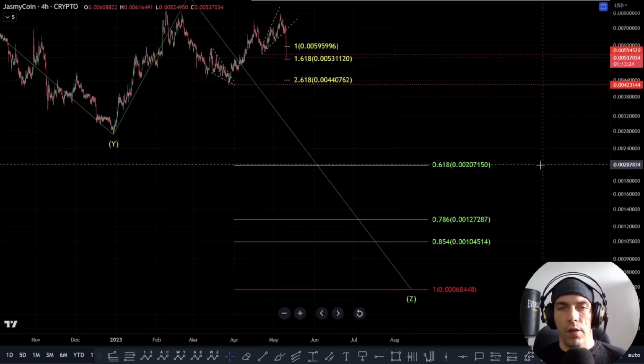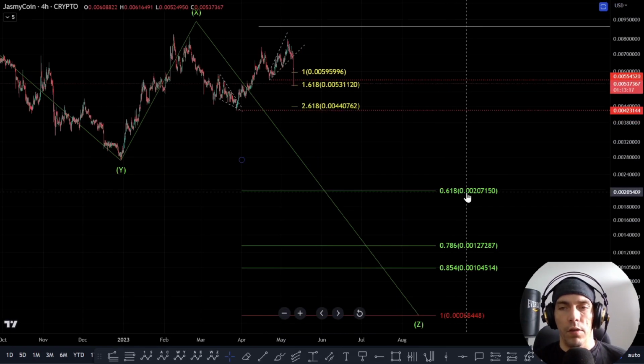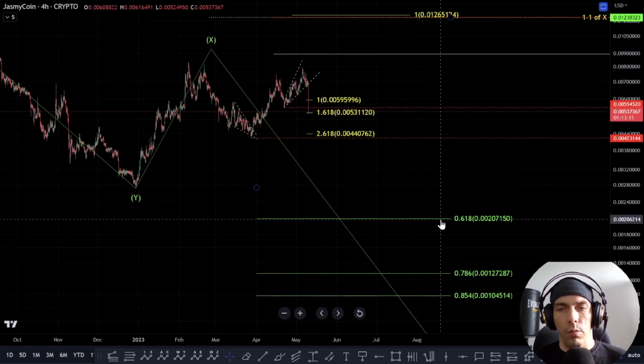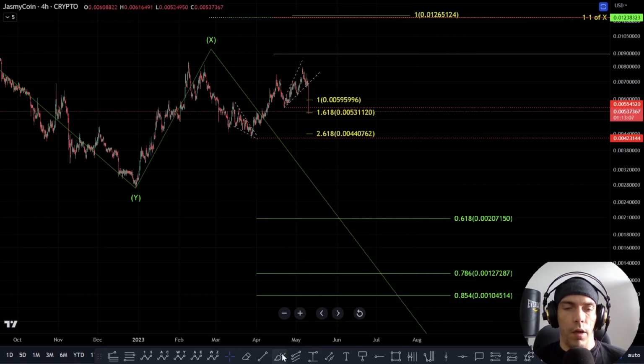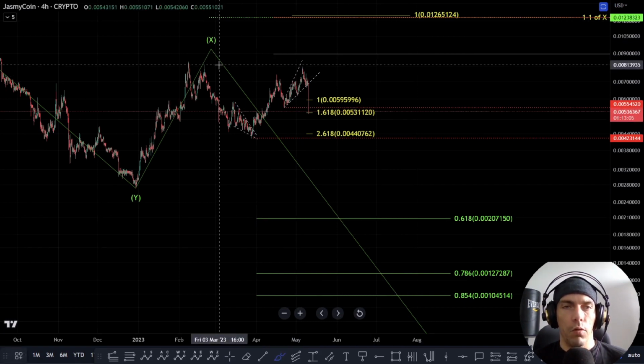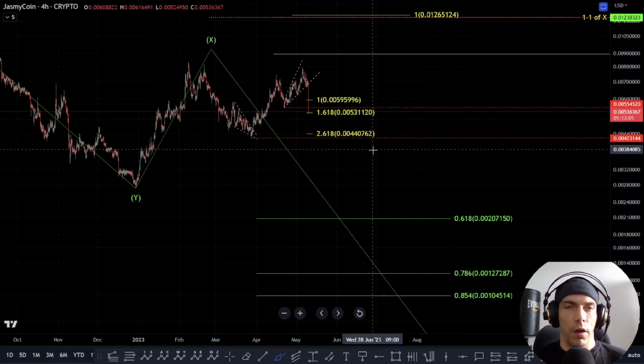Now, this could mean that we see an additional drop here. The least I'd want to see from the Z wave, it would be this 0.618, which would be here at the 0.0020715. Now, that would be a target we could actually look to potentially target out here if this is going to be a corrective move to the downside here. And what we'd be looking for is basically a 3-wave structure down, looking to target out these areas.